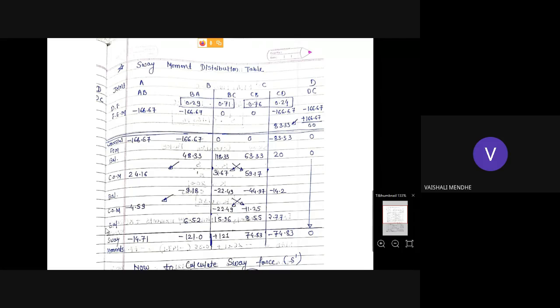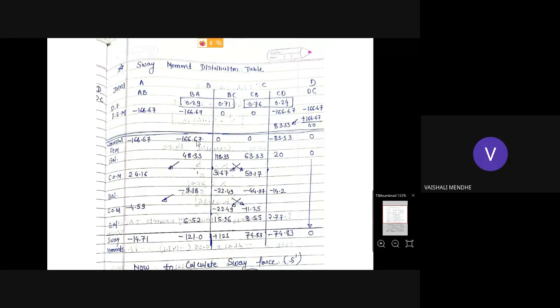So to find out the sway moment, again you add all this. So -166.67 plus 24.16 minus 4.59, which gives -14.71. Add all the vertical values.